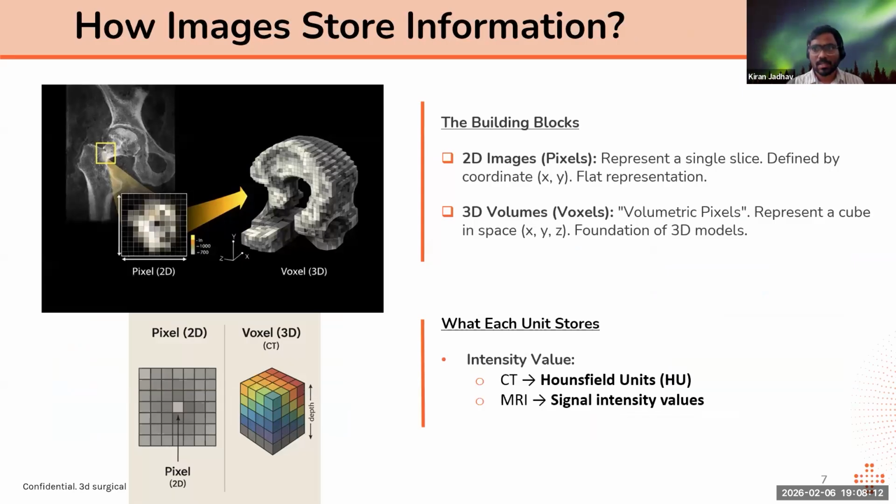So we have talked about the modalities, by which means we can get the images. But whatever images we get, how is that information transformed into an image? Here you can see the representation of a CT, with this particular area zoomed. We see pixels with variations in intensity. This is much brighter, this is much darker.